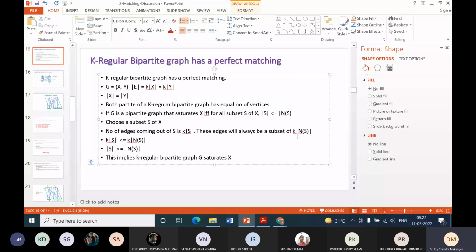So this can be written, and from here we can do this. It is true for all subsets: for any subset S of X, we have proven that mod S is less than or equal to mod N(S).